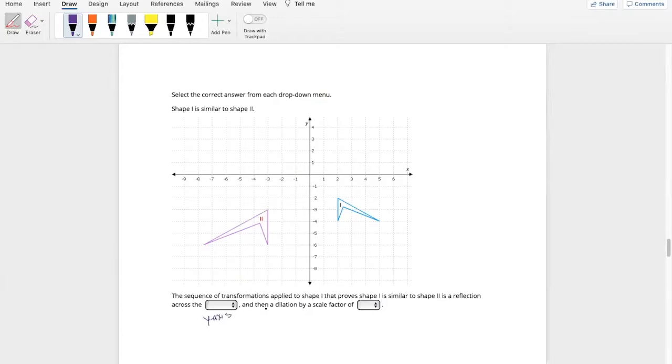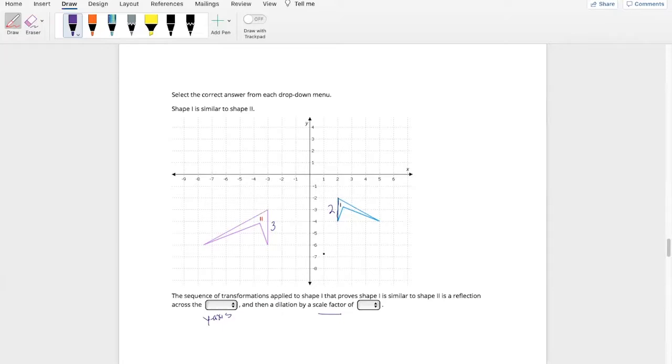And then by a dilation of scale factor, we have to figure out the scale factor on this one. How much does it get enlarged by? I can see this side here is an exact measurement of 2 units. And then this side gets larger because it is now 3 units. So what do I have to multiply by to get from 2 to 3?